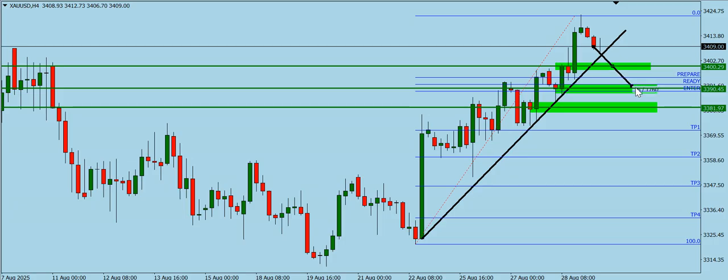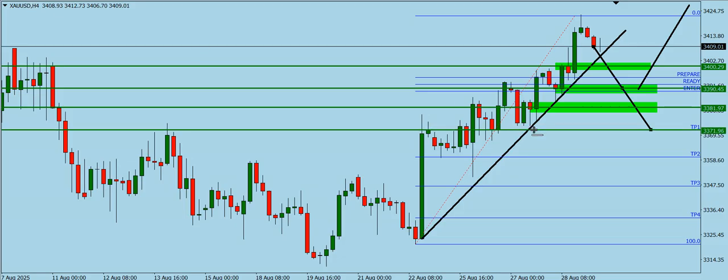The 3390 is a critical level. If price holds around here, most likely price will continue up higher. But if that does not hold, we have the 50% Fibonacci level, which coincides with 3371. If 3390 does not hold, 3371 might likely hold if price is going to drop.